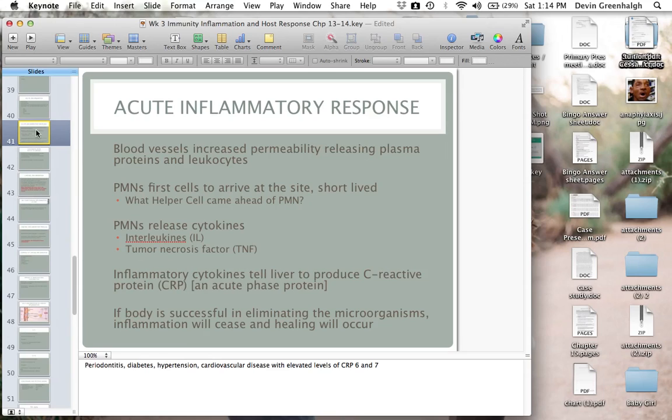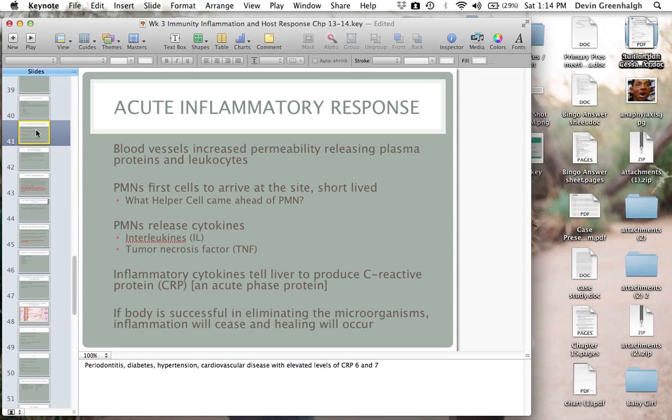Acute inflammatory response: blood vessels increase permeability, releasing plasma proteins and leukocytes. What cell is the first to arrive in a normal situation of inflammation? PMNs, or neutrophils. They are the first cell to arrive, and they're short-lived because they die during phagocytosis.